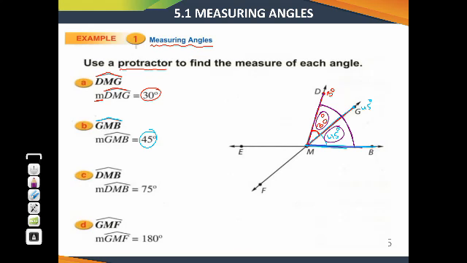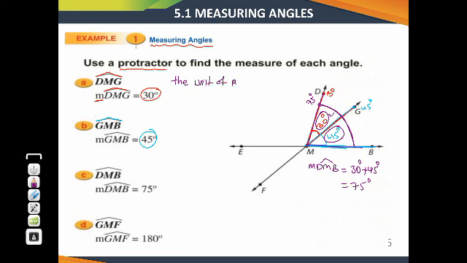So we can say the measure of angle DMB is equal to 30 degrees plus 45 degrees. We can add, or you can use the protractor again in here. In here it should read 75 degrees.